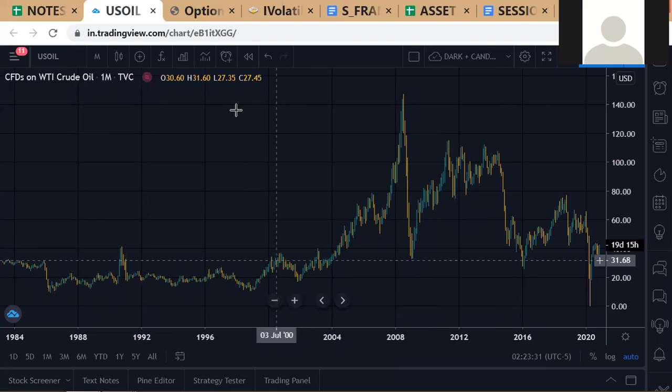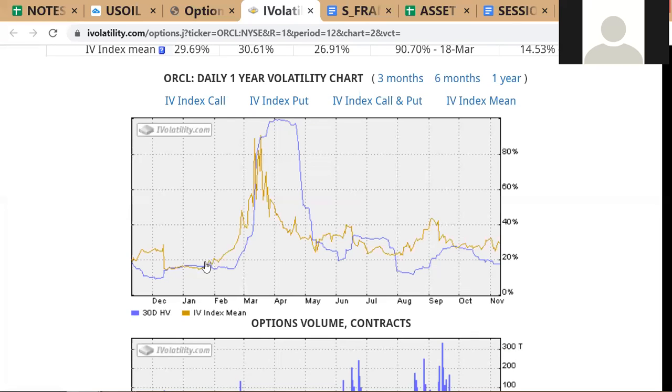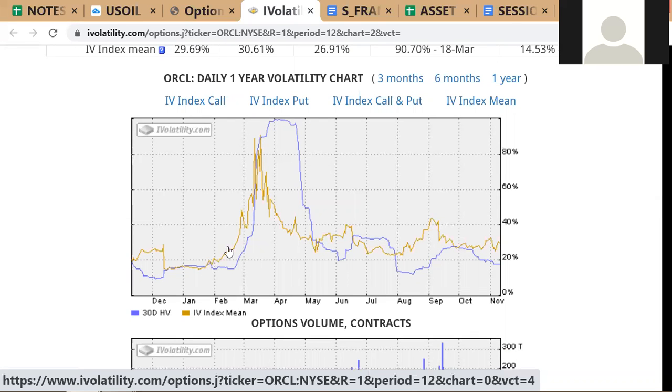Because of your short Vega, which is sensitivity to eyeball, you want the eyeball not to behave like this. You want it to behave either coming down or just not moving around much. You do not want this. You understand what I'm saying? Because you are short Vega. In a short Vega position, if the eyeball shoots up, you will lose money. So when you go short Vega, what you want is either the eyeball should dramatically fall, or it should just go up and down, not going anywhere. You understand now?